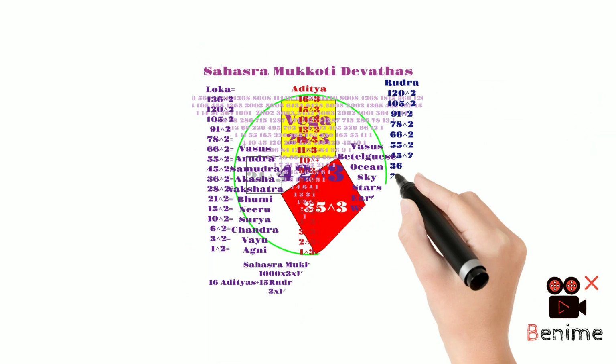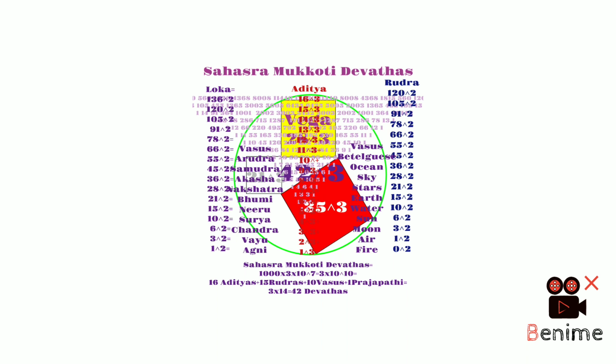Now, the Sahasra Mukkoti Devathas are, in fact, 16 Adityas, 15 Rudras, 10 Vasus, and 1 Prajapati, that is Daksha Prajapati.